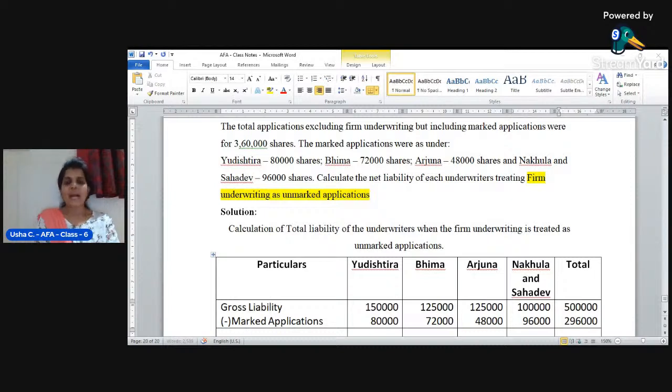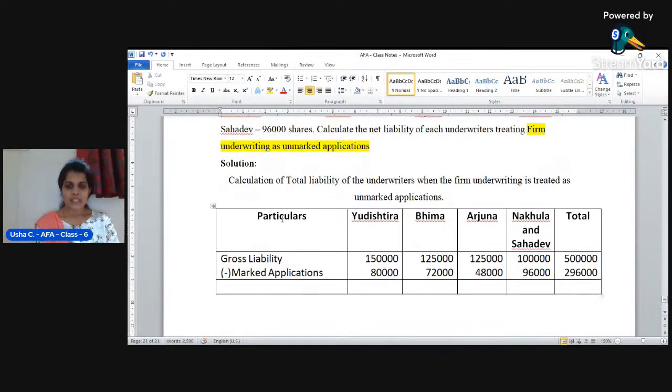It is the marked application. Very good. All of you are calculating simultaneously. Very nice. Okay, 2,96,000 is the marked application. What next you have to do? Take the difference. 1,50,000 minus 80,000 is 70,000.